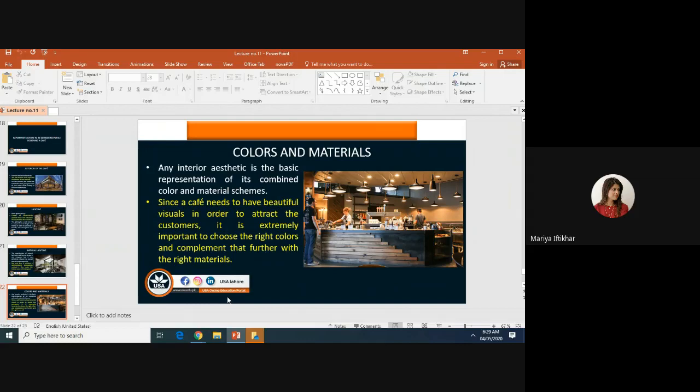So please be careful when doing this part, because we will be asking you what type of theme you have followed, what your concept is, and whether your colors and materials go with the particular theme you have followed. So please students, consider all these points.